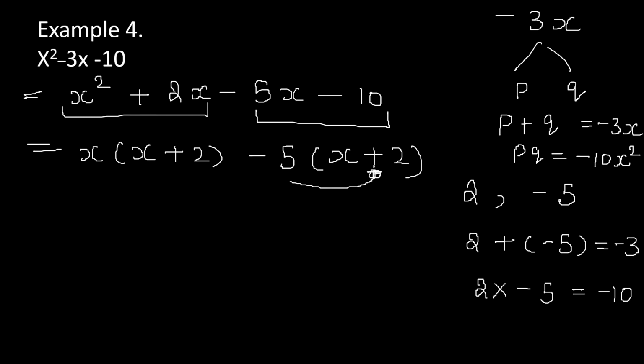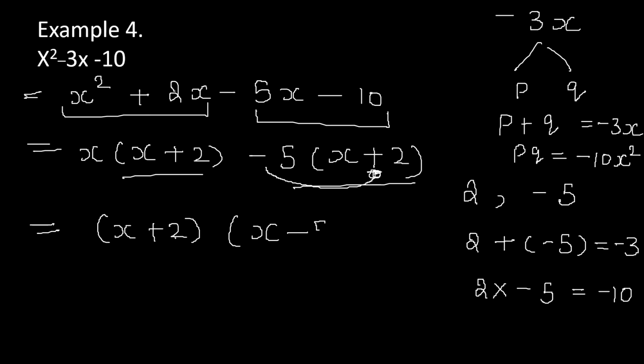Because when we multiply with this negative sign, it becomes negative. Now x plus 2 is common in these two terms, so I can take it out, and inside x minus 5 is left. So we got these two factors of this quadratic polynomial. Is it simple? Let's do one more example.